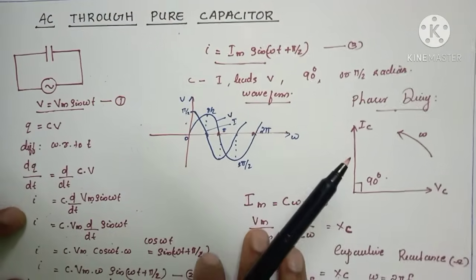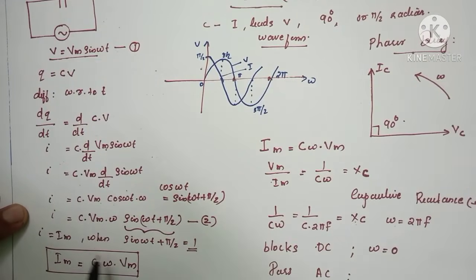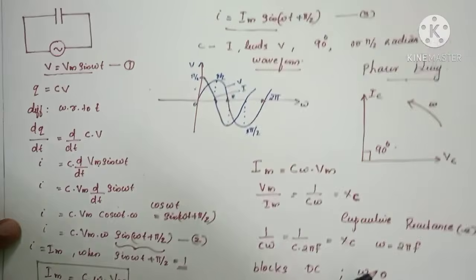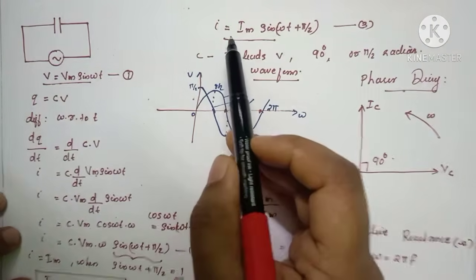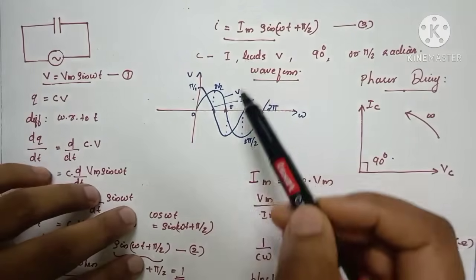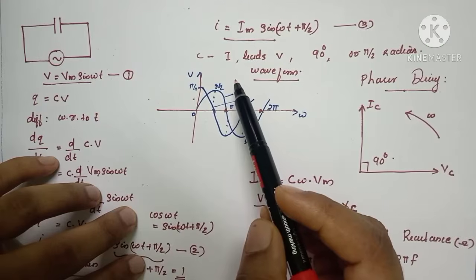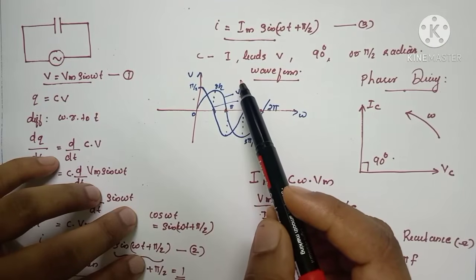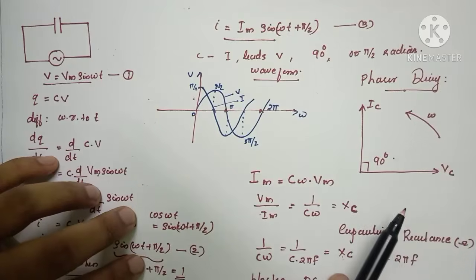Im is the maximum value of current. This will be maximum when sin(omega t plus pi by 2) is 1, and Im is equal to C omega into Vm. Putting this value in equation number 2, we get I is equal to Im sin(omega t plus pi by 2), and the phasor diagram will be here. It is very clear that the current leads the applied voltage by an angle pi by 2 radian or 90 degree, and you can see the phasor diagram here.